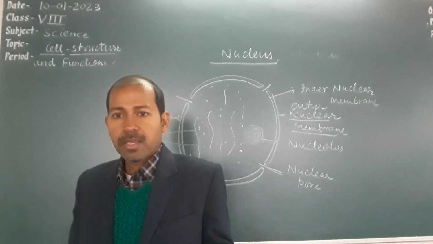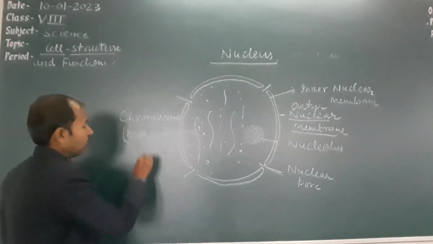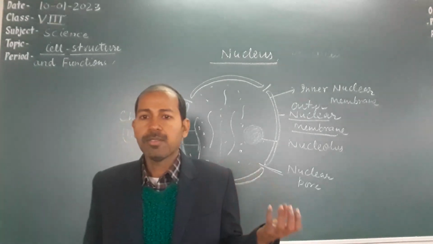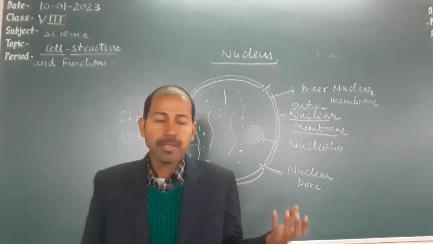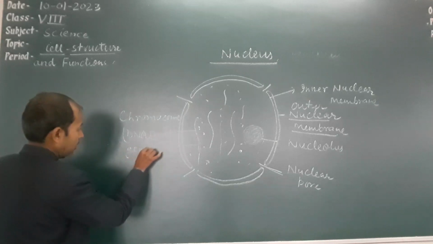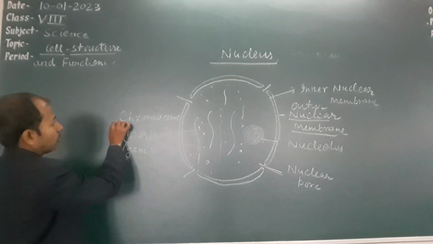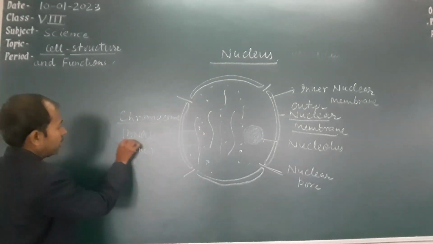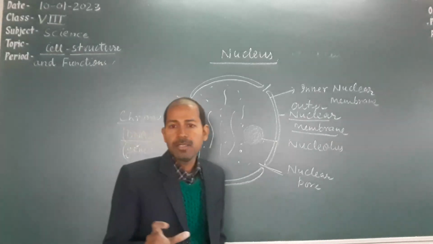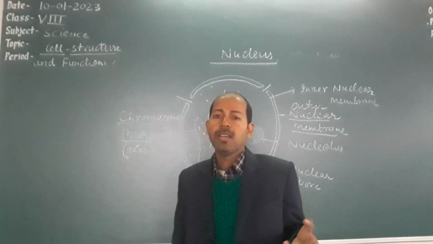So the information which we obtain from the parents is due to the gene which is found in the nucleus, which is found in chromosome, and chromosome contains DNA and DNA contains gene. So gene is responsible for the transmission of character from parent to their offspring.